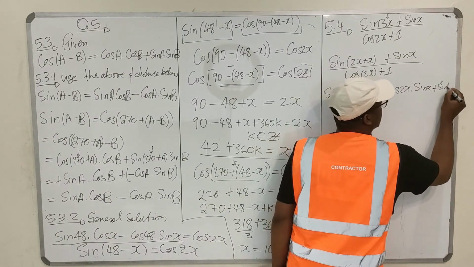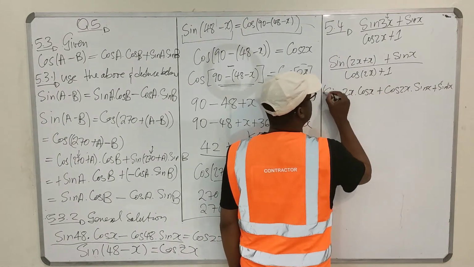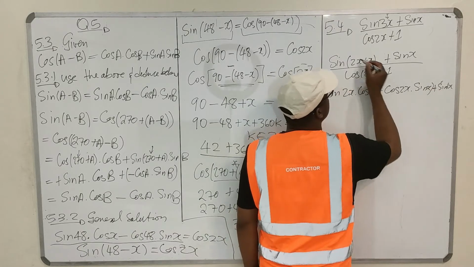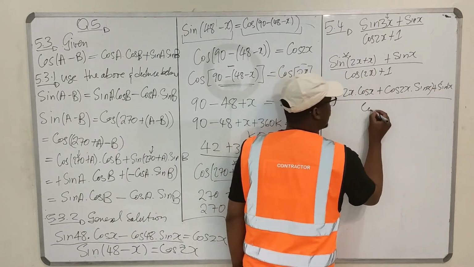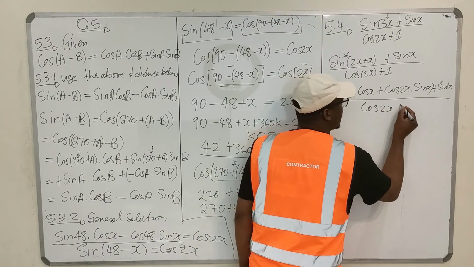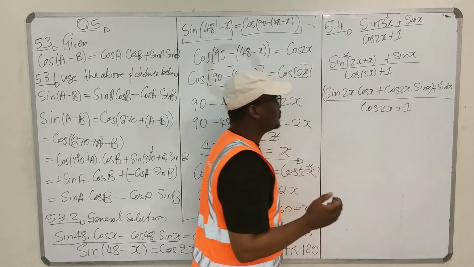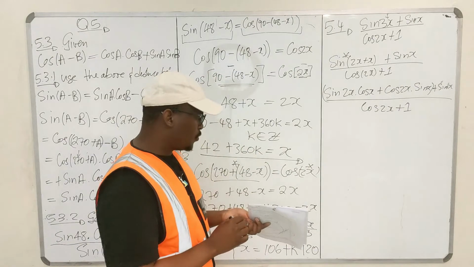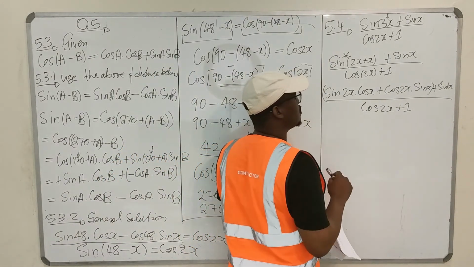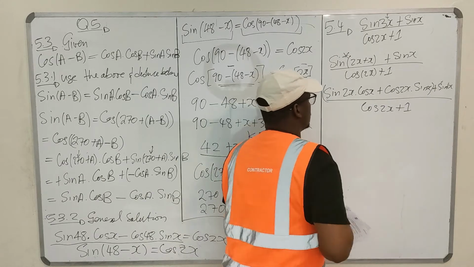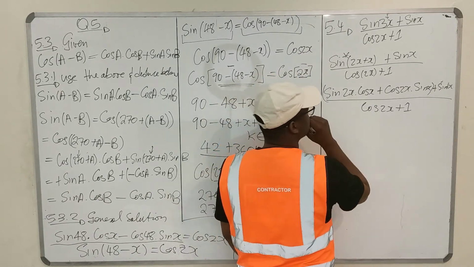So this part is this part here, all divided by cos 2x plus 1. What do we do? We decompose this compound angle here. So if we decompose it, what do we get?